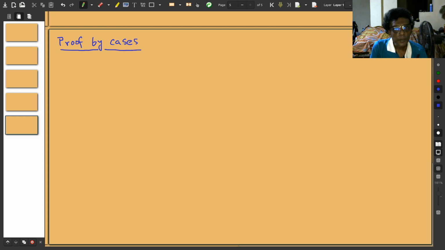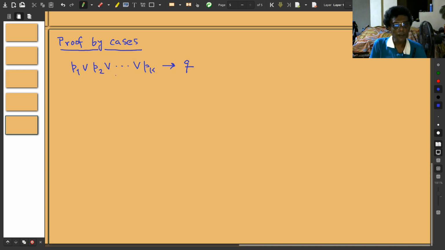It typically applies to logical formulas that we want to prove: P1 or P2 or P3, and so on up to Pk, implies Q. If any of these things happen, then Q is true.